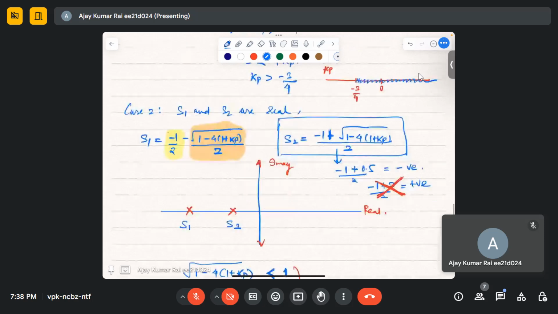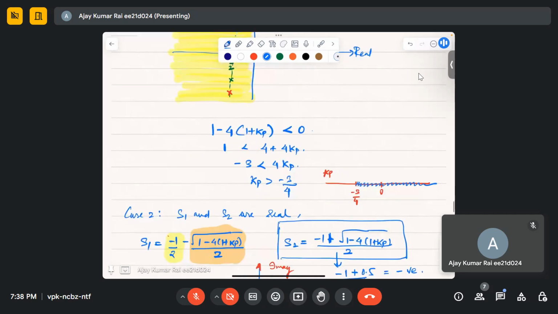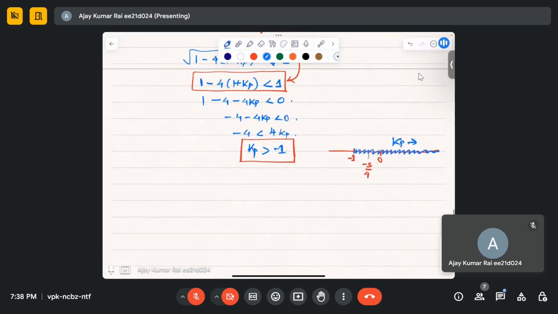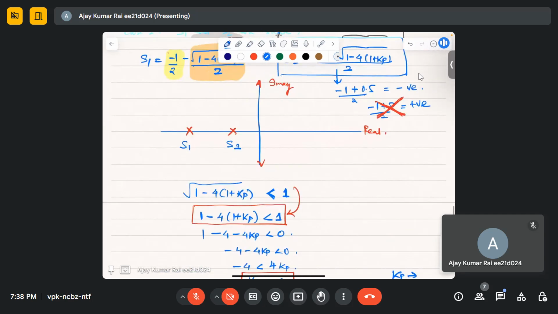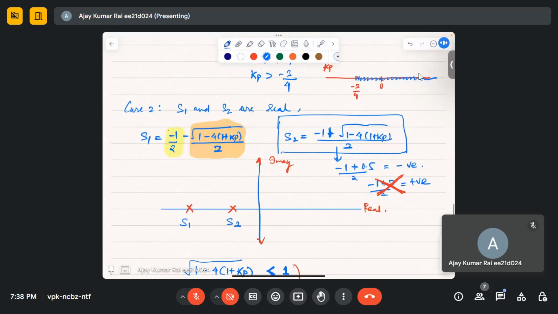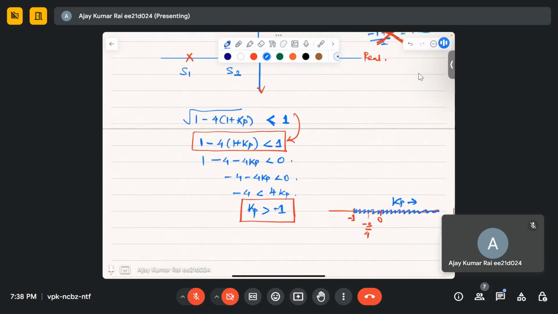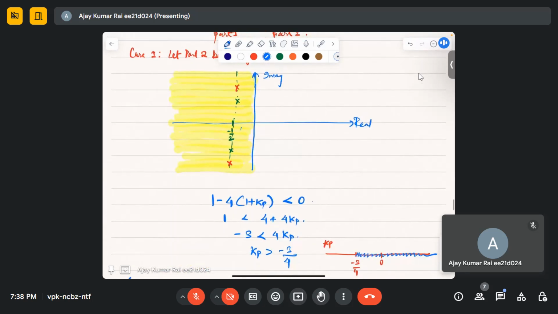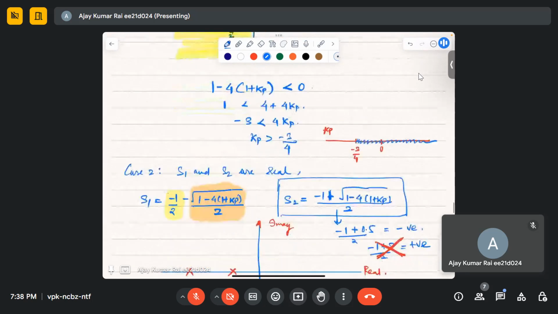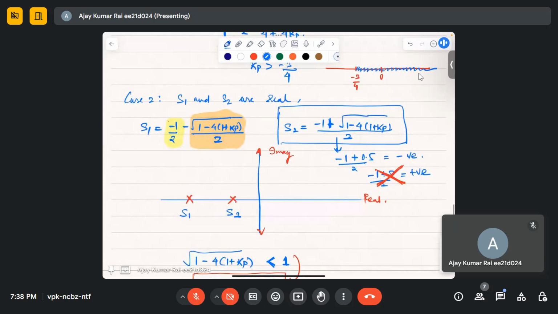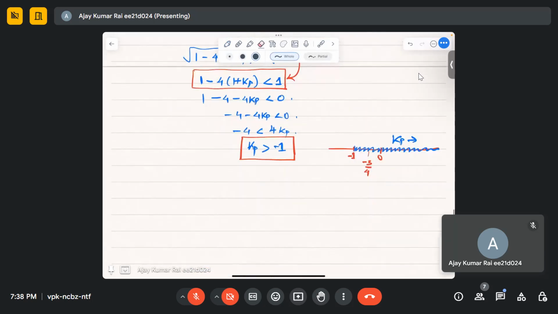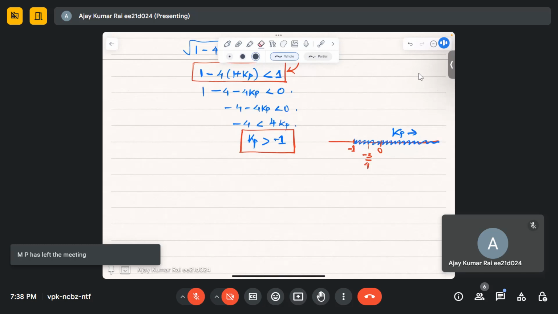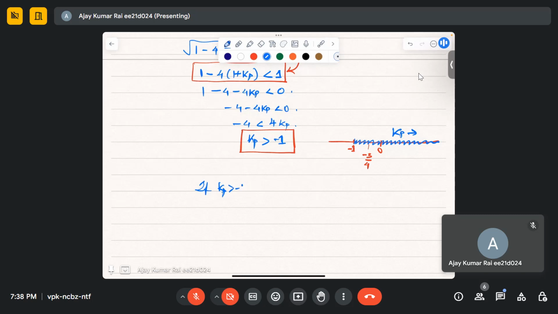You have to take the union of these two. If Kp is greater than minus 1, roots are lying like this. If Kp is greater than minus 3/4, again we'll go to case 1 where the roots will be going to the imaginary axis. So in both cases we'll have roots on the left hand side.